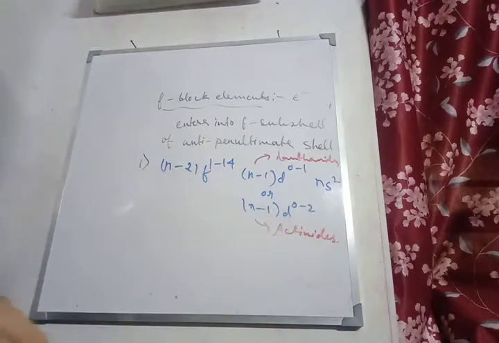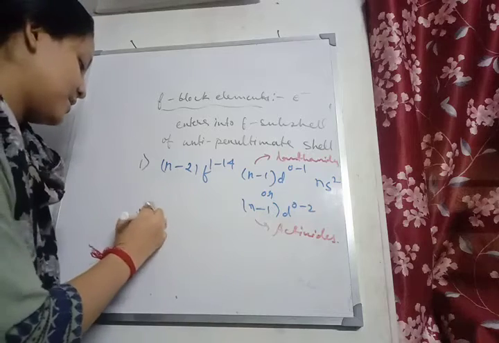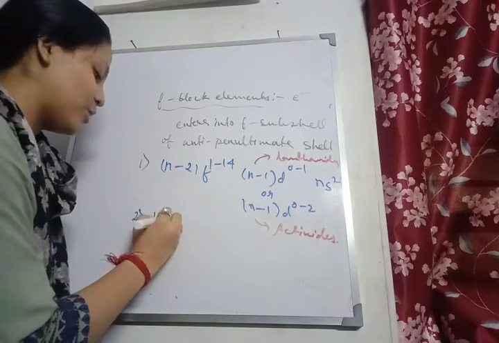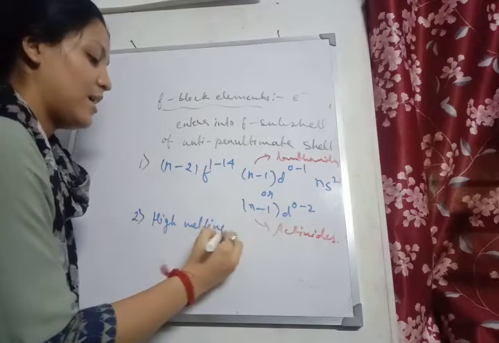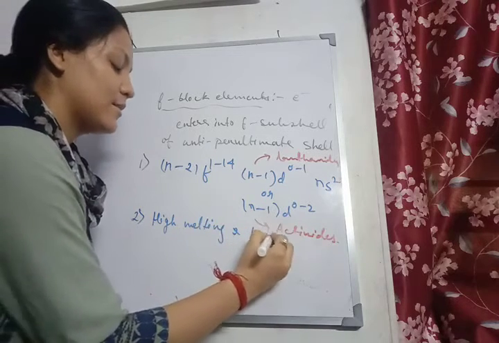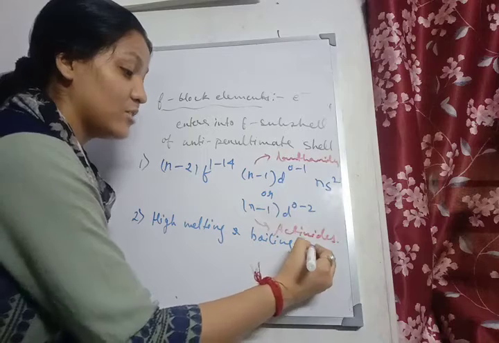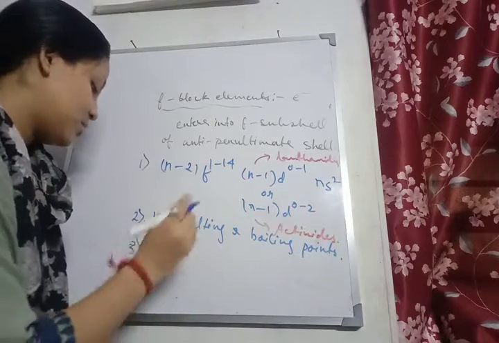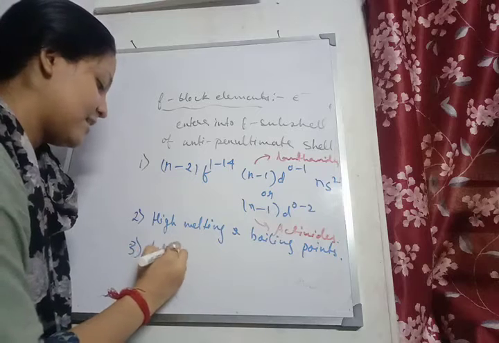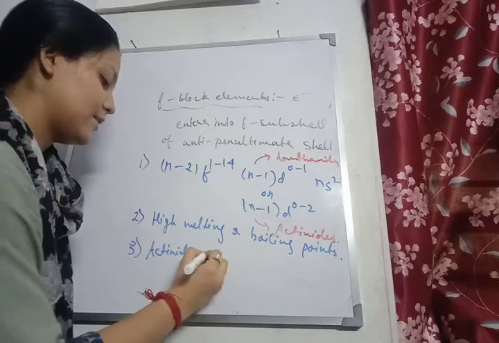Second property, they are heavy metals with high melting and boiling points. They are radioactive by nature. Actinides are radioactive.